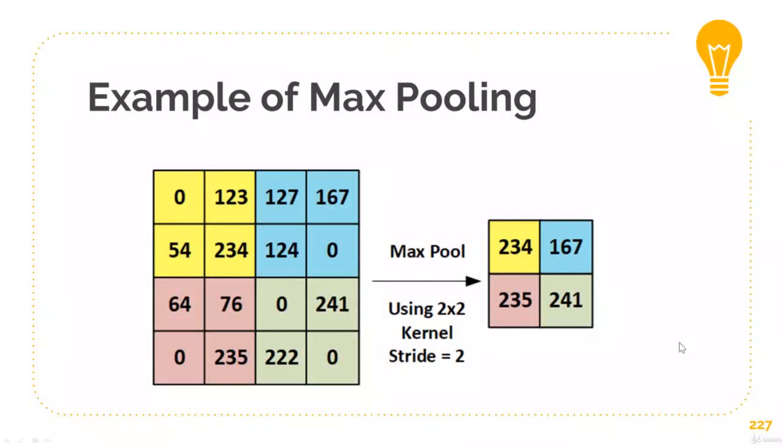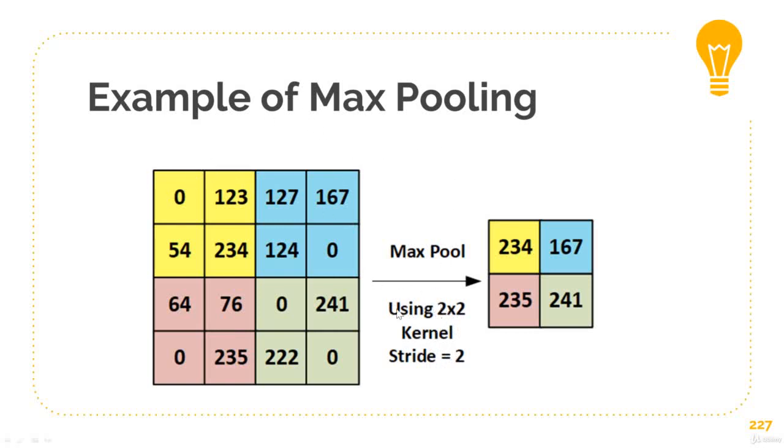So here's an example of max pooling. Imagine this is the output produced from the ReLU layer. You can imagine these zeros here were actually negative values. Max pool basically uses a 2x2 kernel here. We can define this kernel size to be anything we want, just like we did with the stride of the kernels we used in the convolutional layer.